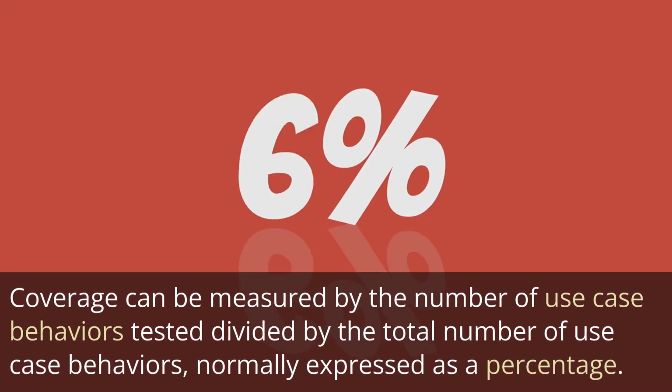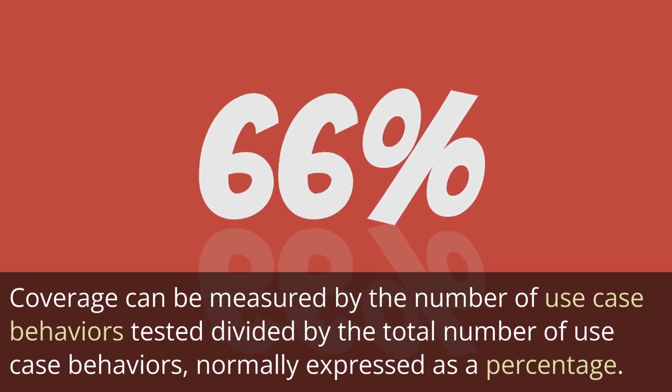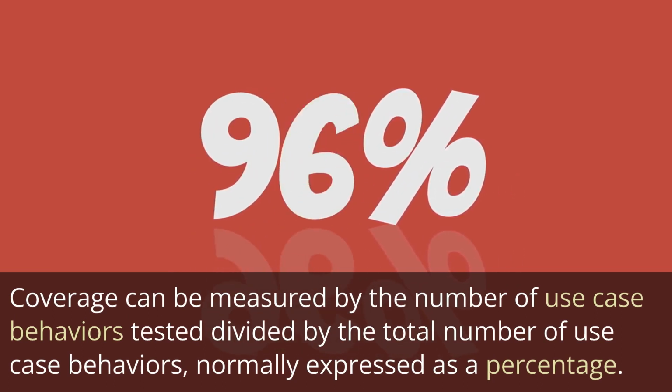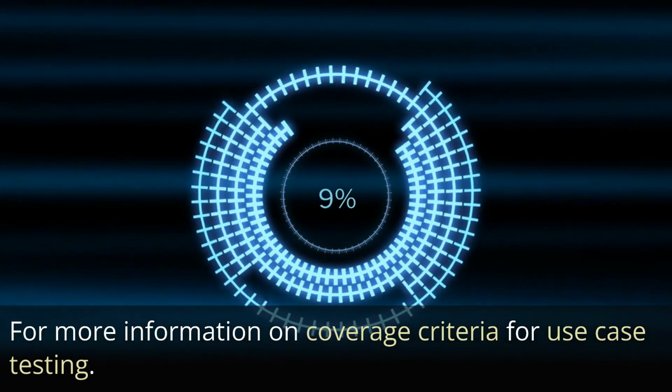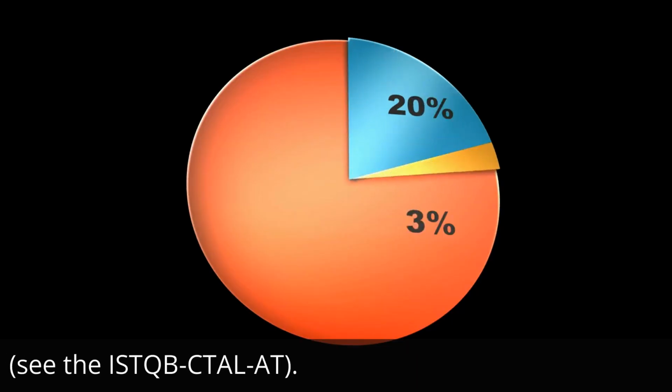Tests are designed to exercise the defined behaviors, basic, exceptional or alternative, and error handling. Coverage can be measured by the number of use case behaviors tested divided by the total number of use case behaviors, normally expressed as a percentage. For more information on coverage criteria for use case testing, see the ISTQB CTAL.